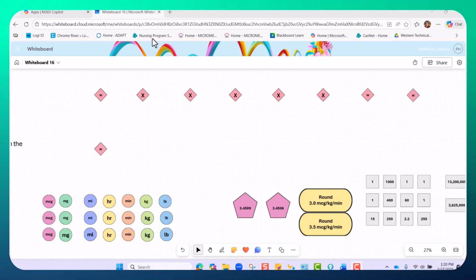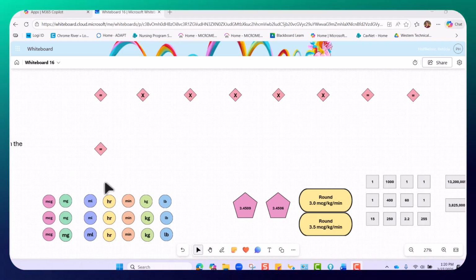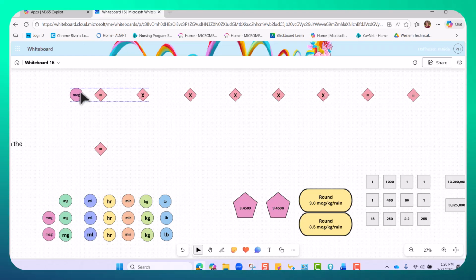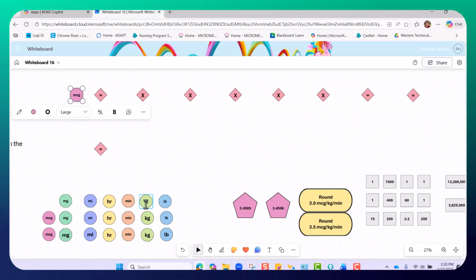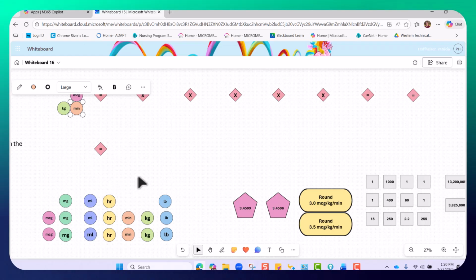So let's begin to set up our problem. The problem asked us to solve for micrograms per kilogram per minute. So we begin with that. Micrograms is in the numerator position, and then micrograms per kilogram per minute will be on the bottom of that fraction, and then it is equals.